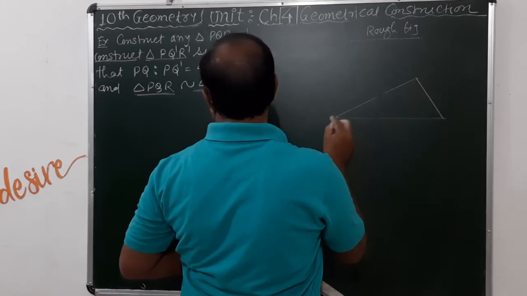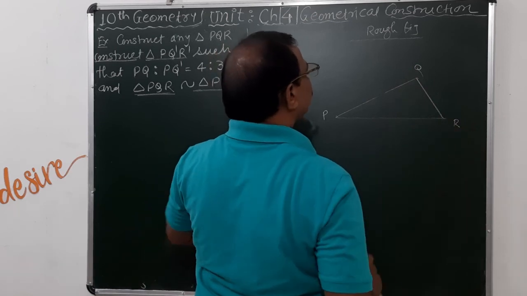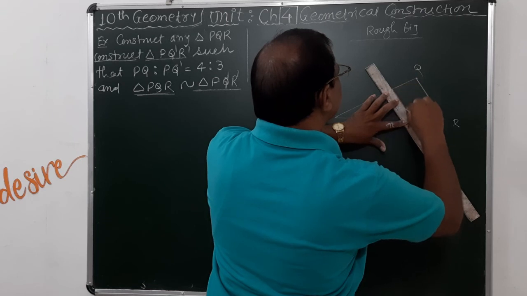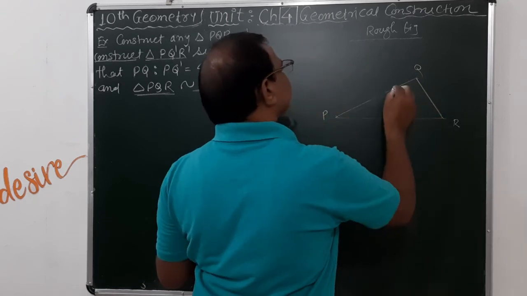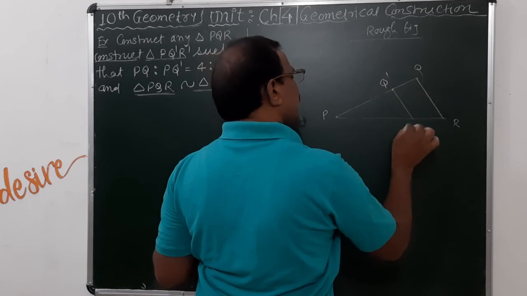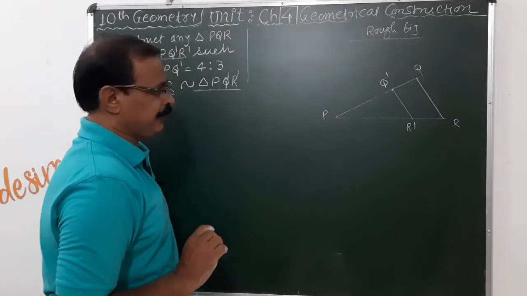So we have to draw this triangle PQ dash R dash like this. Means here this point P is nothing but common here.